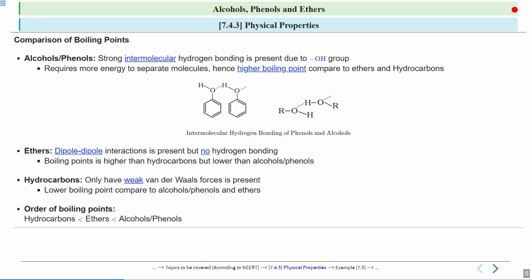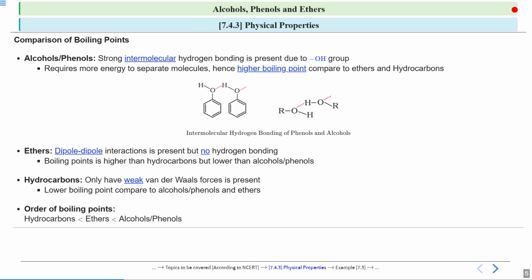To sum up, in alcohols and phenols there is strong intermolecular hydrogen bonding, so you have to provide more energy for the molecules to separate, so the boiling point is more. Whereas in ethers, there are dipole-dipole interactions because of the polar nature of the C-O bond.